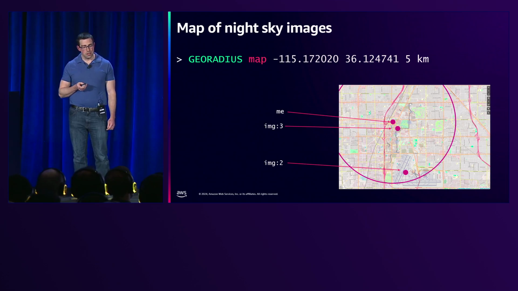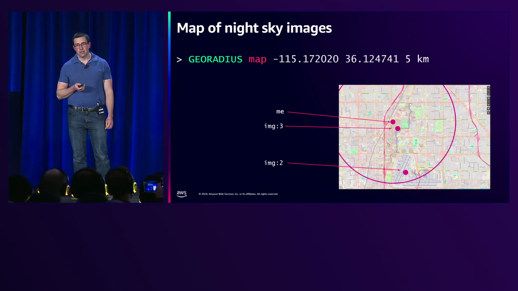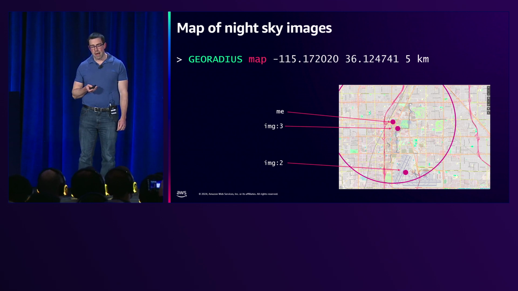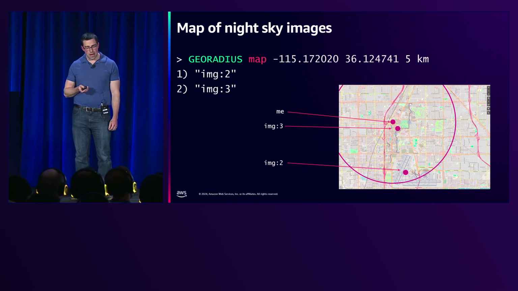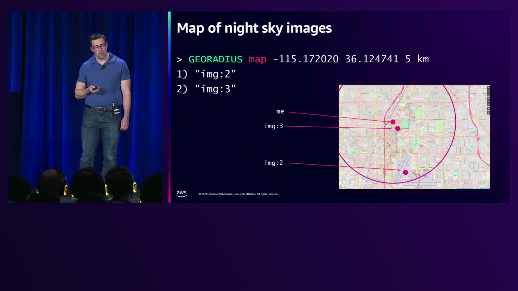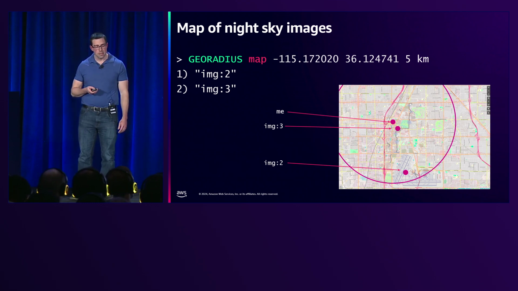With that, I can use the georadius command. And so I can feed in my latitude and longitude to the command and give a bound for it. So in this case, a 5-kilometer radius. And with that, both of those images are within 5 kilometers, and so I can get both of them back here. Optionally, I could add more parameters to get back exactly how far they are from me, but here we're just showing the simple version.